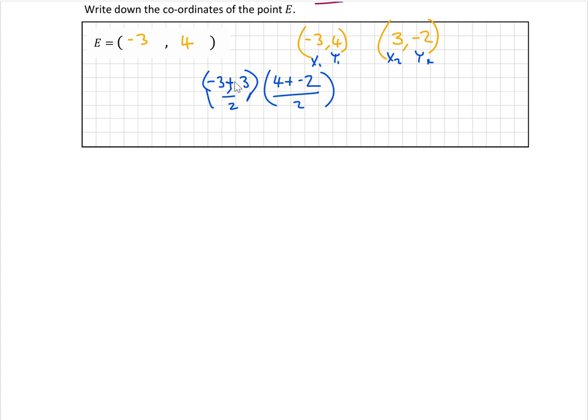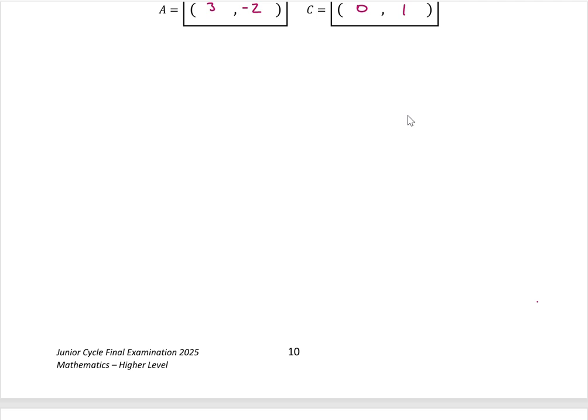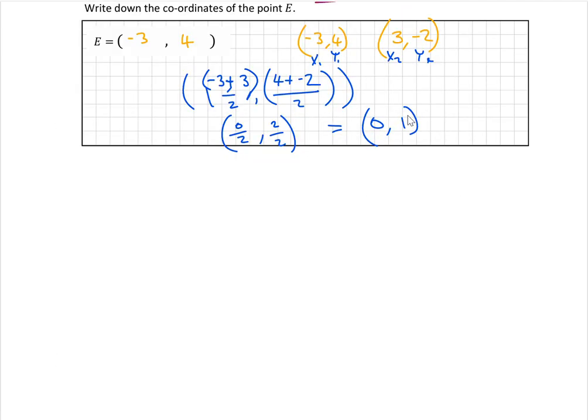Okay, so what's that going to give us? Well, this is going to be 0 over 2, comma, 4 plus minus 2 is 2. So 2 divided by 2 is 1. So that's 2 over 2, which gives us 0, comma 1. So that should be our point C as the midpoint to verify it, and it is 0, comma 1. So I know I'm right. So this is the correct answer here.